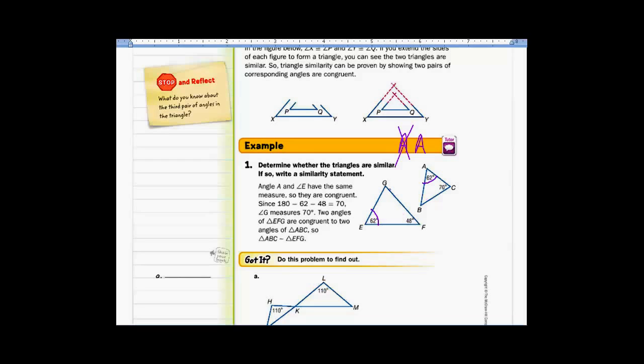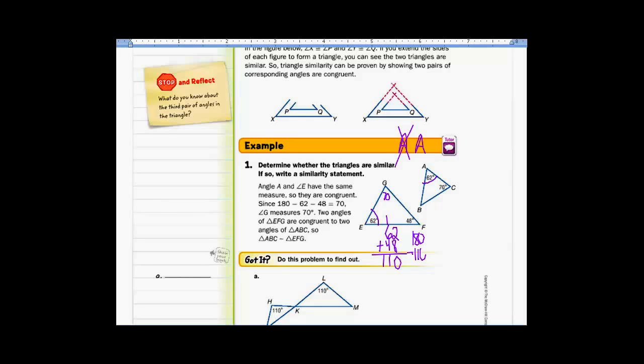So if you know that the three angles add up to 180, I can add these two together. So 62 plus 48 is 110. So if those two are 110, then that forces this one to be 70 if I subtract that from 180, because that's how many is in all three.